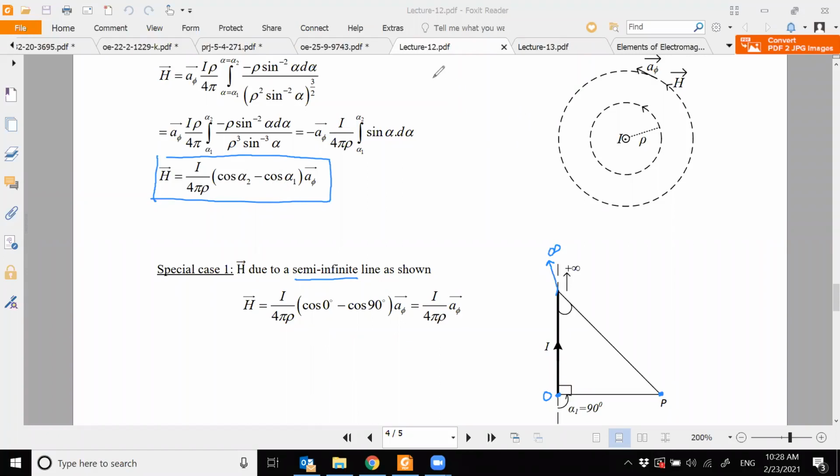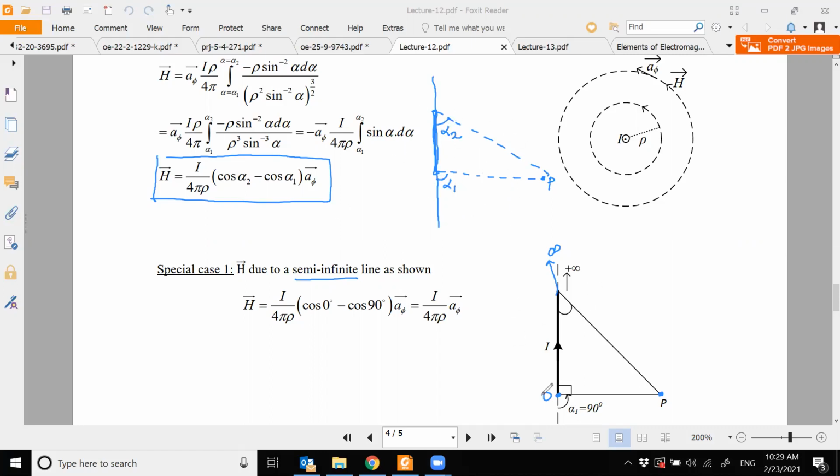If you remember the definition of the angles alpha 1 and alpha 2, if this is my finite line and this is my observation point P, then this is my angle alpha 1 and this is my angle alpha 2. Clear?